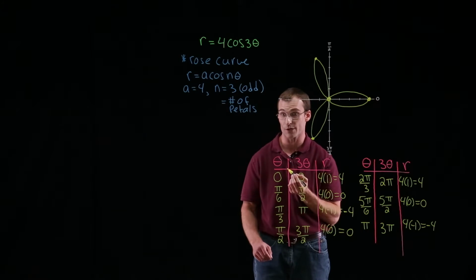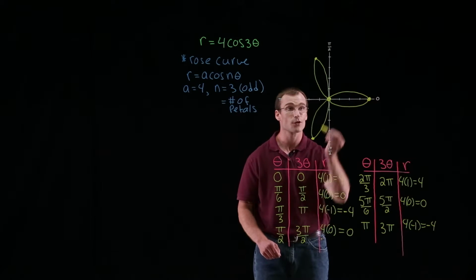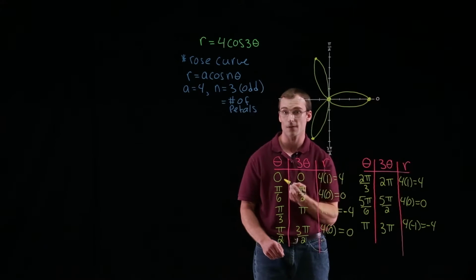Now the last thing that we want to do is find tangent lines through the pole to the curve if we can find any.